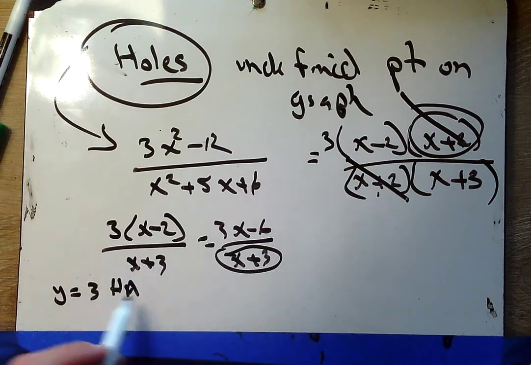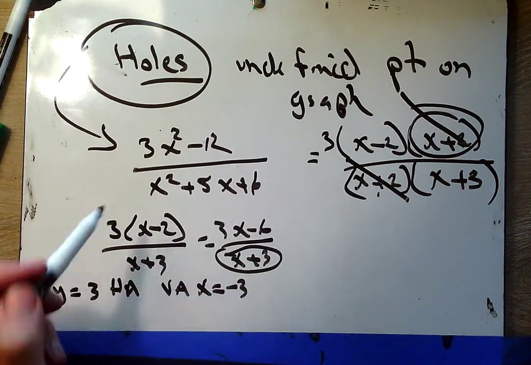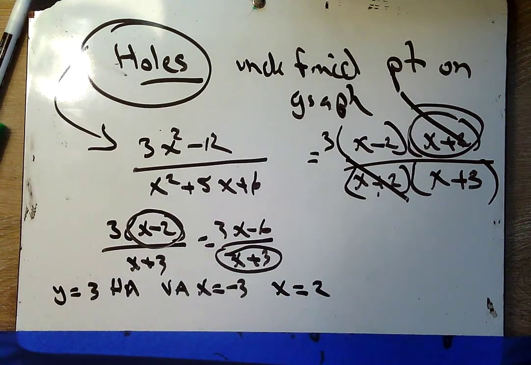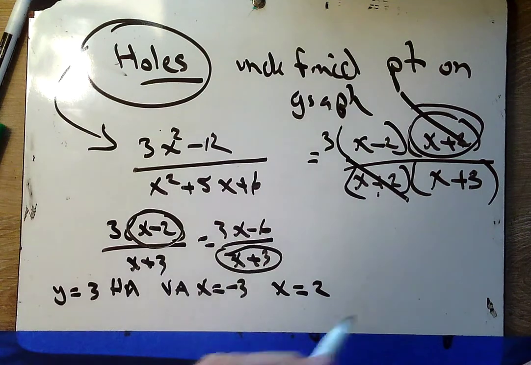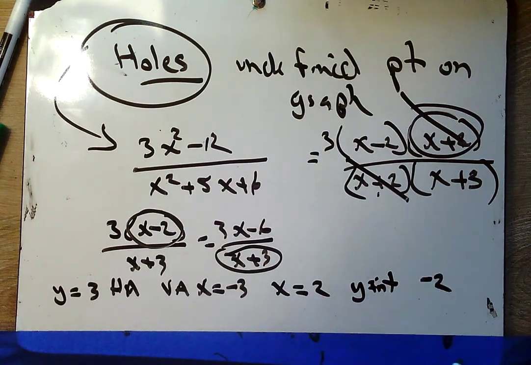I have a vertical asymptote at x equals negative 3. I see my x-intercept as x equals 2, and what am I missing? A y-intercept. Okay, for a y-intercept, I cover up the x's: negative 6 over 3, my y-intercept is negative 2.